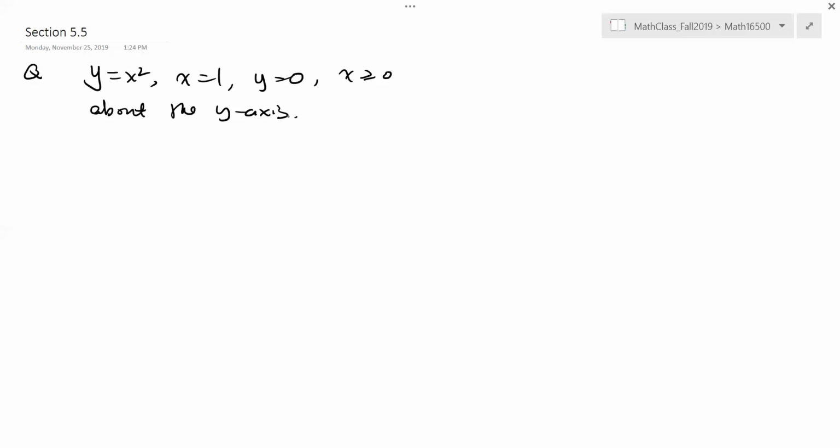My question is set up two integrals, okay, using cylindrical shells and disks for the volume.